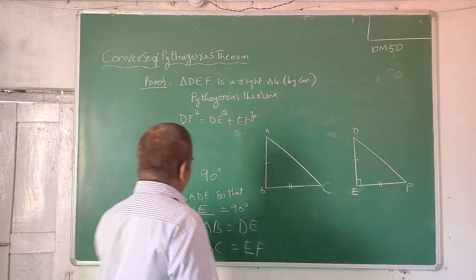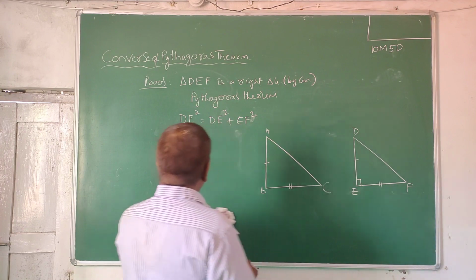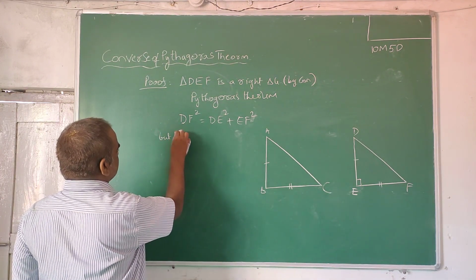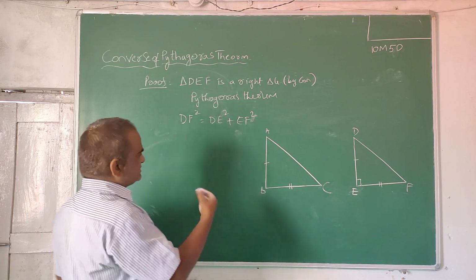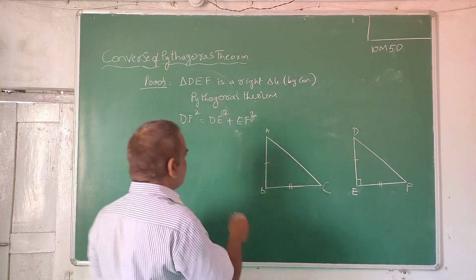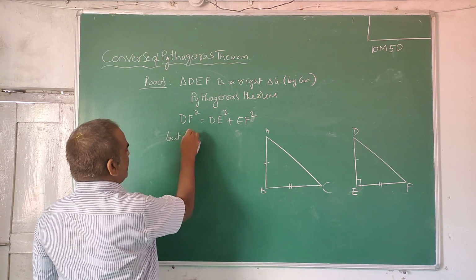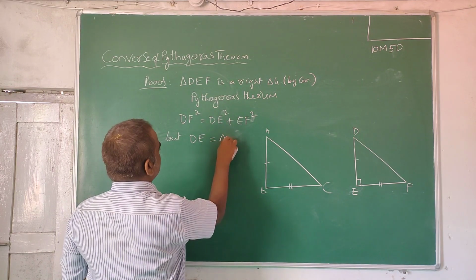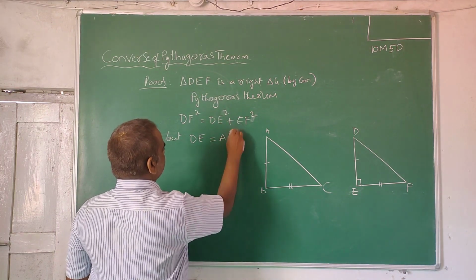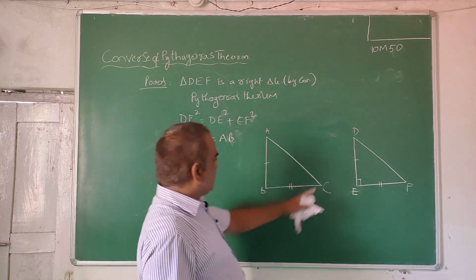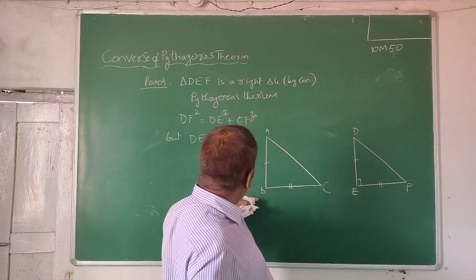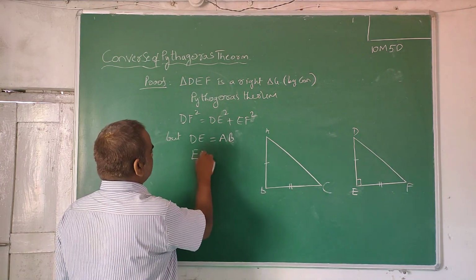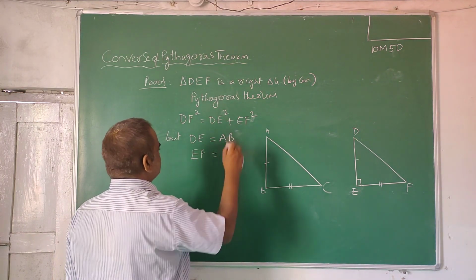But by given, what do we have? Let us continue one more step. By construction, DE is equal to AB, and EF is equal to BC.